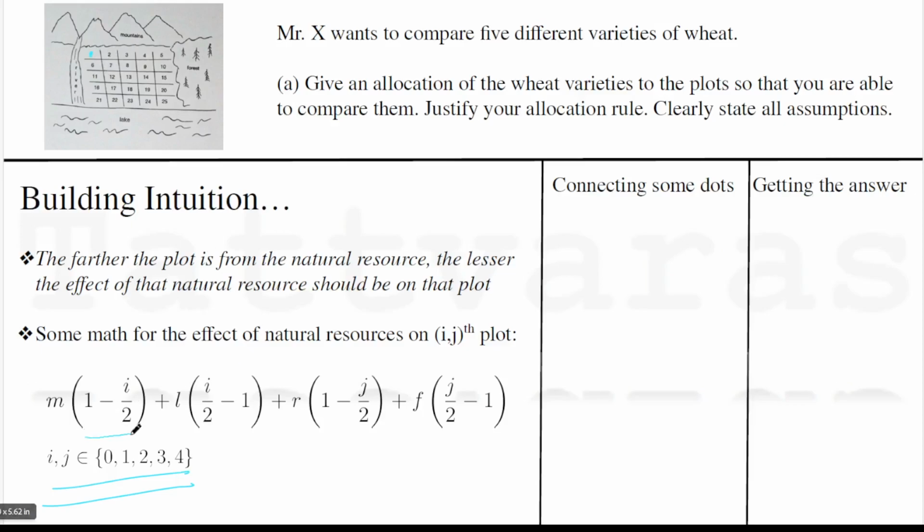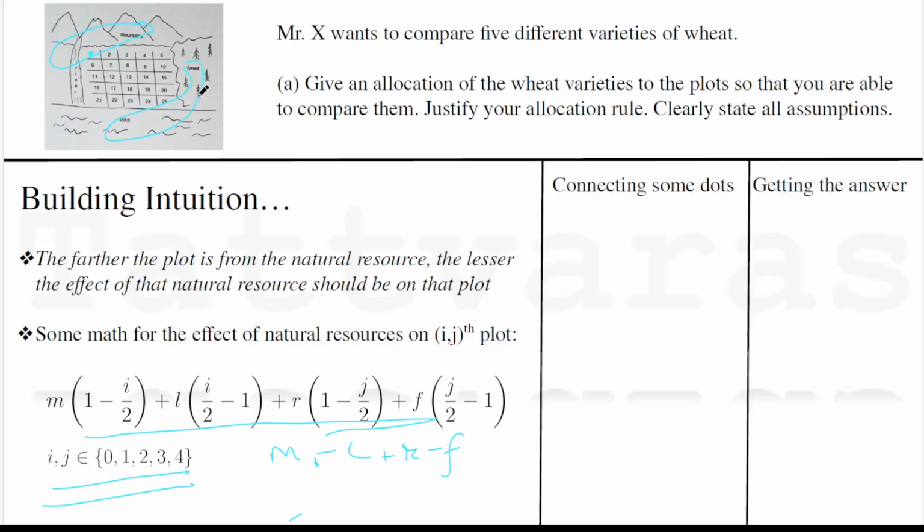And if you substitute i and j in this expression, you get M minus L plus R minus F, which makes sense. M and R are positive, indicating that mountains and rivers have a good enough impact on this plot, whereas forest and lake do not so much.